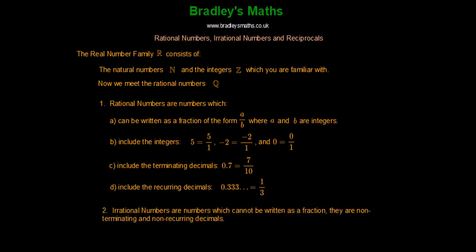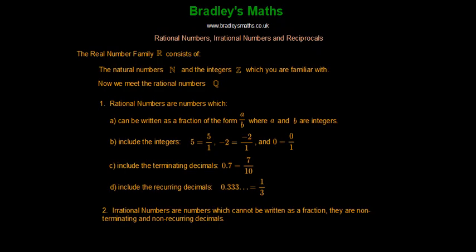Numbers which cannot be written as a fraction, they are non-terminating and non-recurring decimals. Numbers like root 2. Root 2, the square root of 2, is a non-terminating, non-recurring decimal. It is irrational.